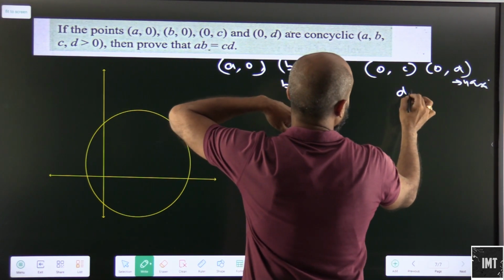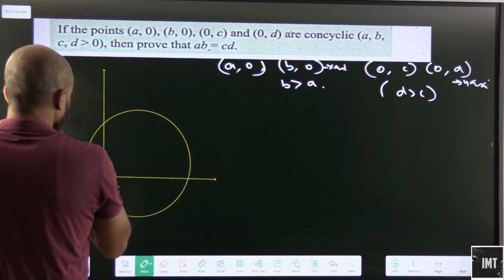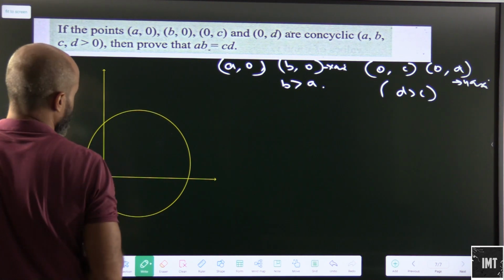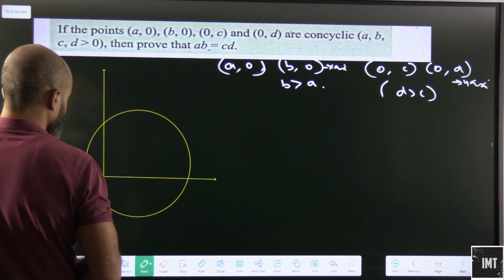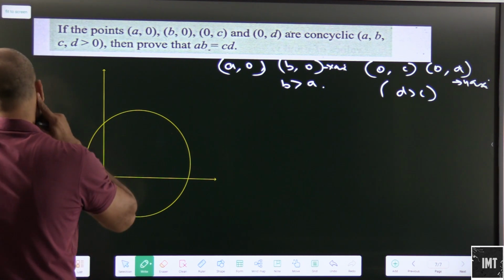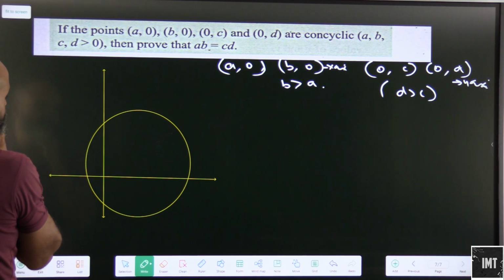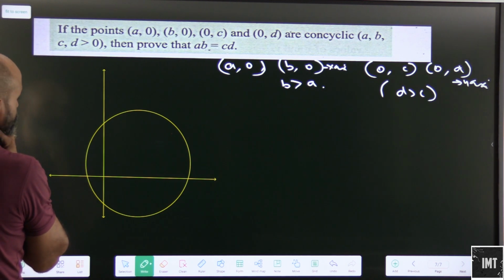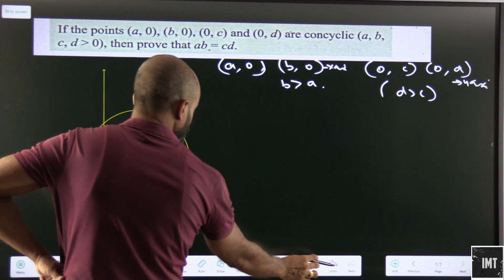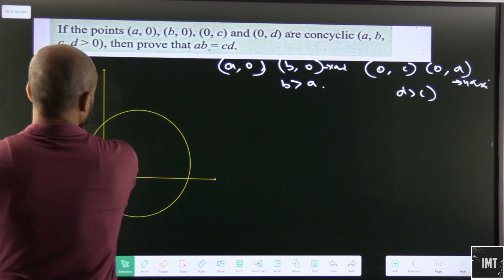So let's assume that D is greater than C. If the points are concyclic, it means they are part of a circle. This circle will be a little different, so we have to draw a different circle out here.